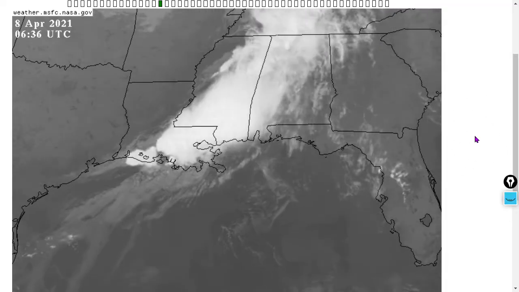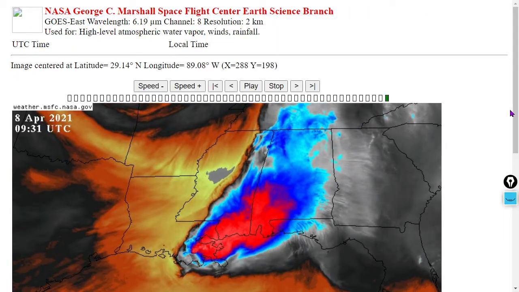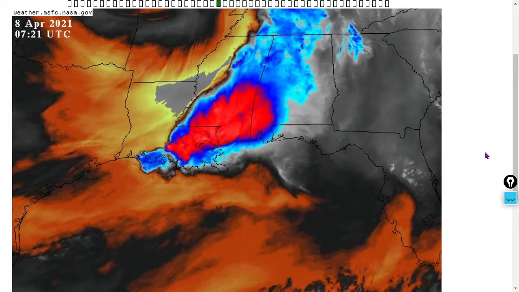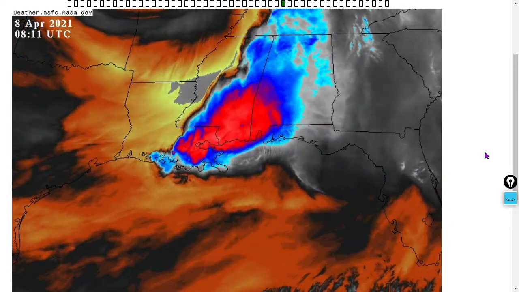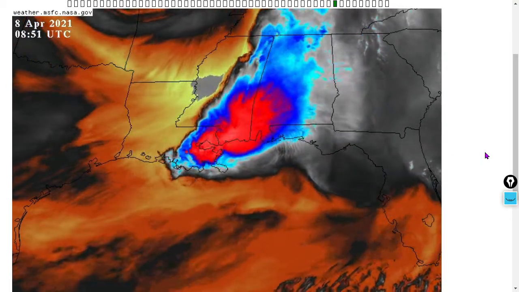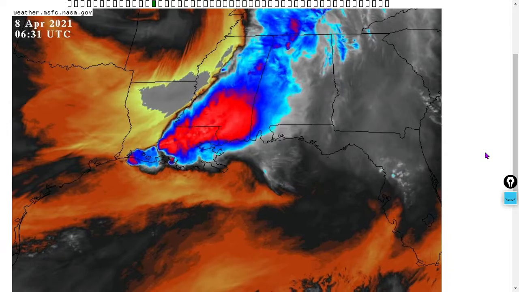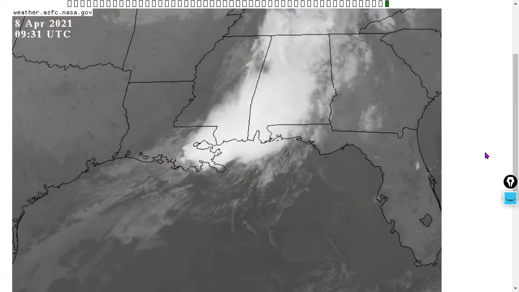You've got actually 2 interacting systems here. You've got a bunch of low clouds over the Gulf of Mexico. Fantastic view of that moisture there. And you can see it's going to be moving a bit to the east. So it's going to have an almost due east trajectory here, and it's all getting a push from that dry mass of air on the left of your screen. Fantastic view of that.